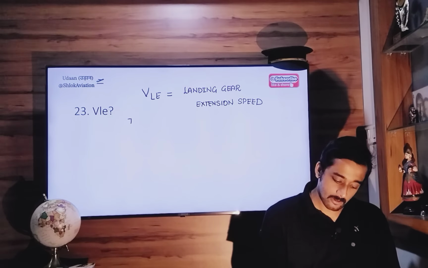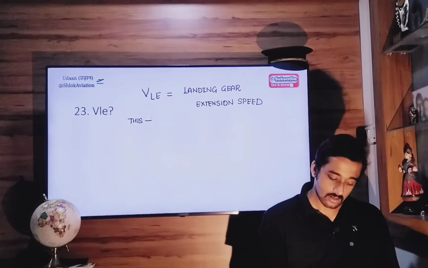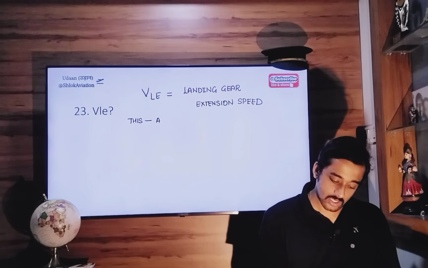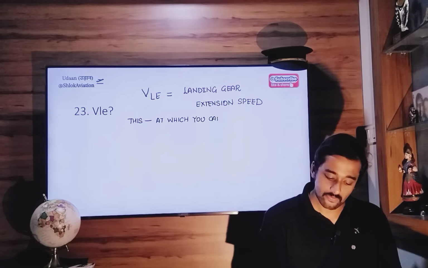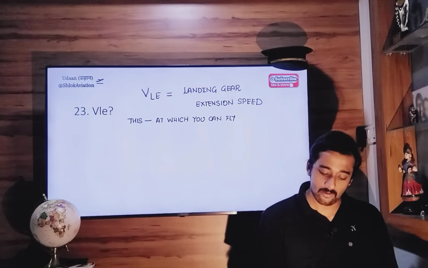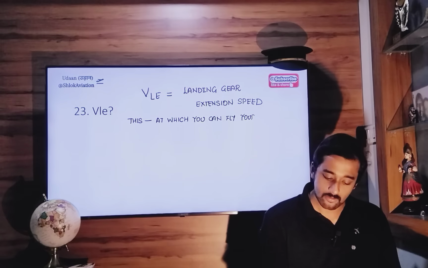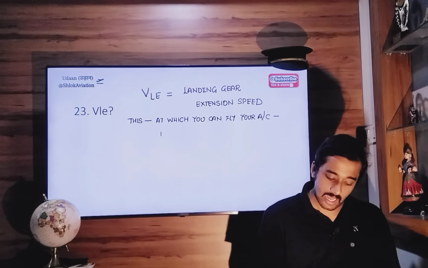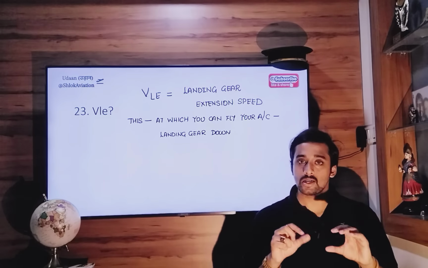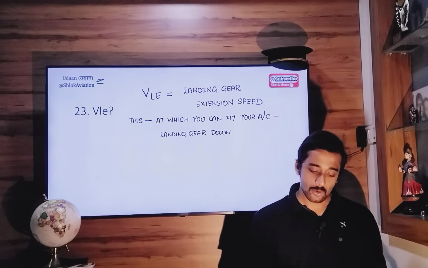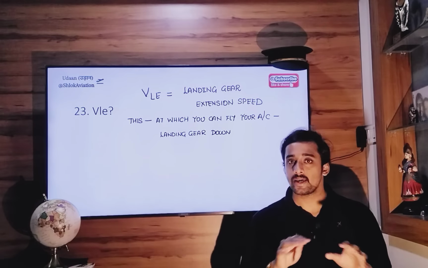This is the maximum speed at which you can fly your aircraft with the landing gear down. That means your landing gear is down and locked, and you can fly this aircraft with your landing gear hanging down.